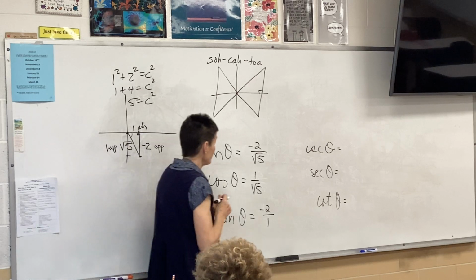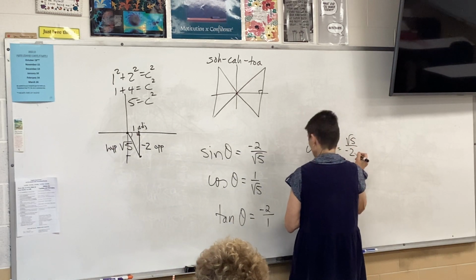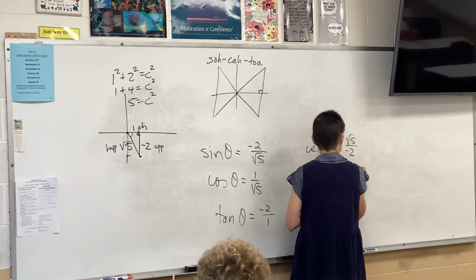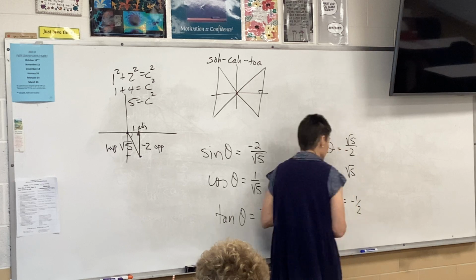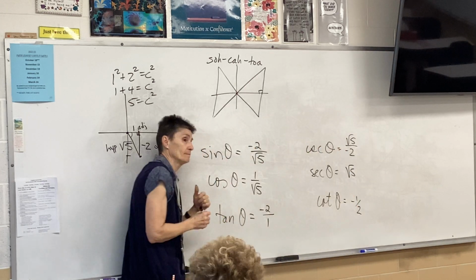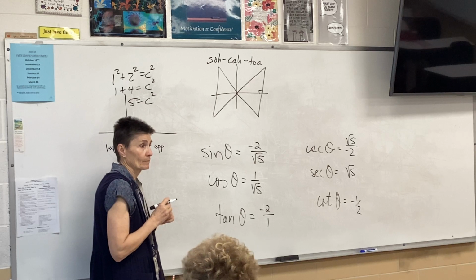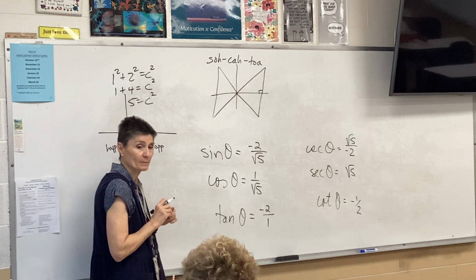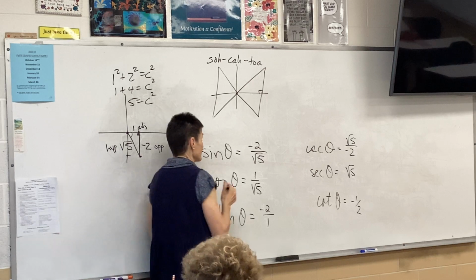Now let me flip these things. So I get root 5 over -2, root 5 over 1, and -1/2. Keeping up okay? So now I will fix anything that needs fixing.